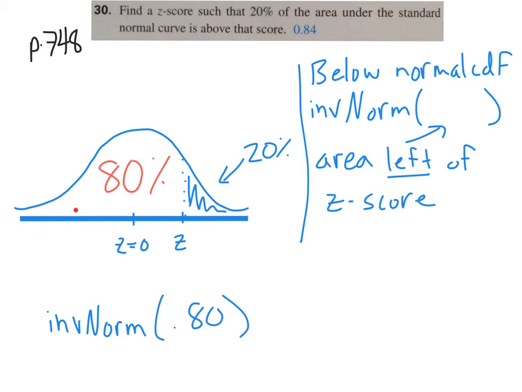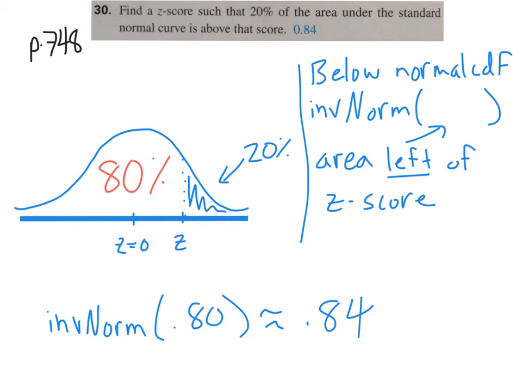By default, since there's 100% underneath here, that means that there's 80% below, or 80% to the left. That's what you have to plug into our inverse norm function, the area to the left of whatever z-score you're after. So in this case, we have our 80% to the left, we plug in inverse norm of 0.80, and that should give us an answer of 0.84.